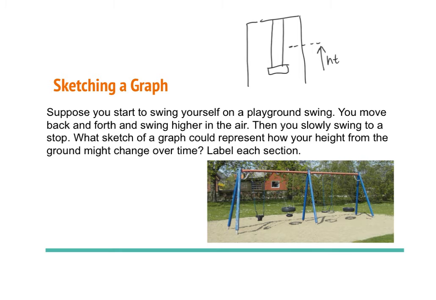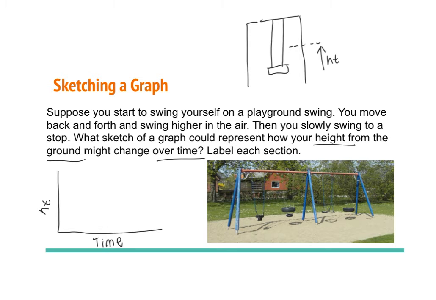Okay, so if we were to draw a little chart, we're going to have time, because it's asking for a graph that could represent how your height from the ground might change over time. So this is going to be height. So we know our two variables have to be height and time. I'm going to abbreviate it as HT.